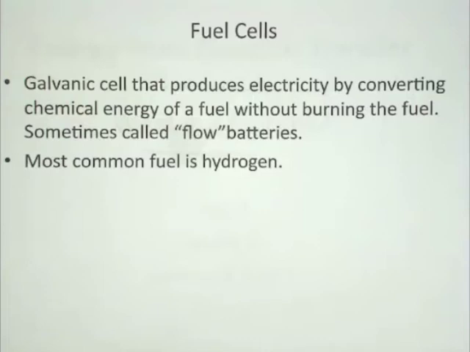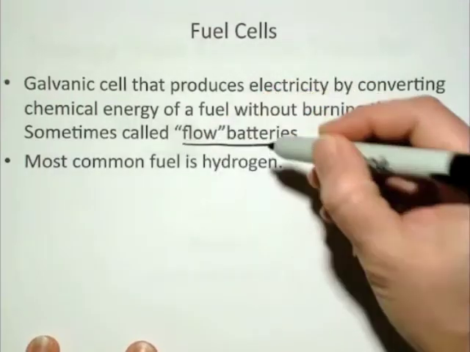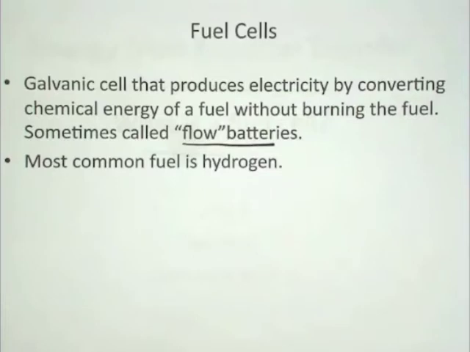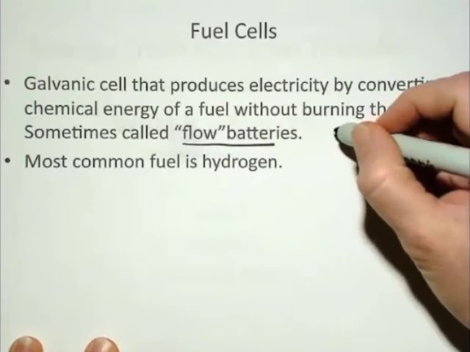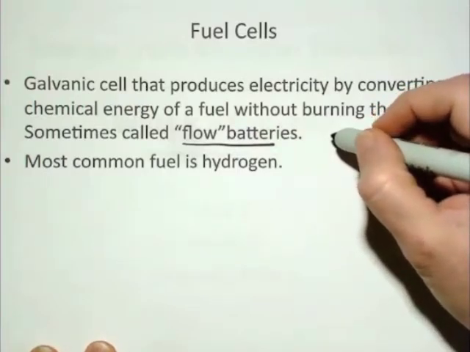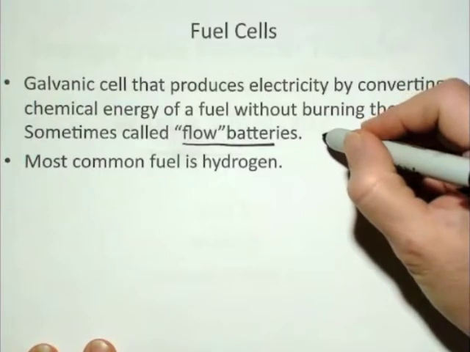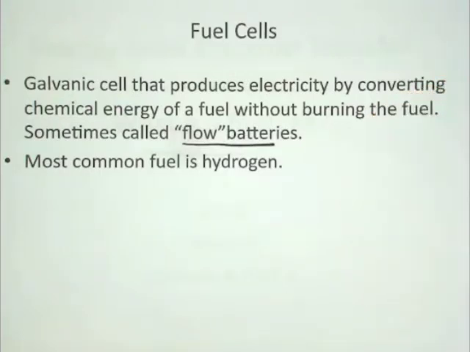So these types of fuel cells are sometimes called flow batteries, because rather than having a fixed quantity of reactants, such that the battery would run out of reactants or need to be recharged to reformulate the reactants, in this case the reactants, the fuel and some sort of oxidizer, normally oxygen, are continually pumped into the fuel cell.